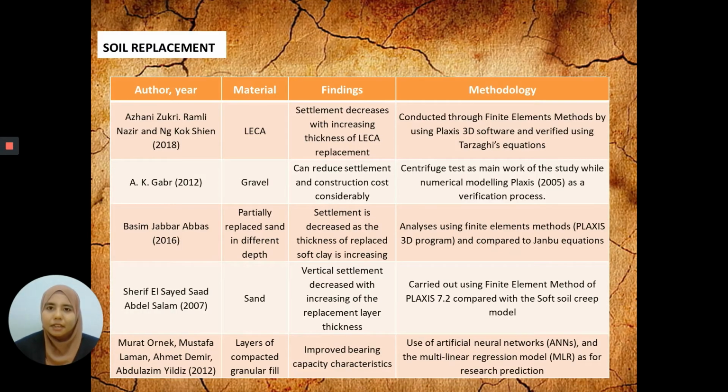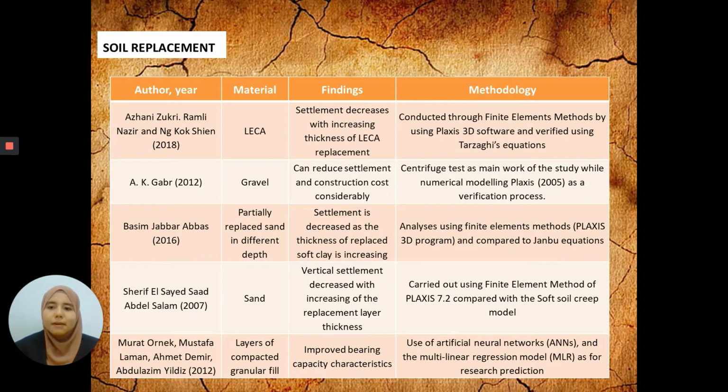Okay, this is the summary of the literature review that I have referred to in order to conduct this study. There are more than 5 literature reviews. However, in this slide, I show only the 5 that are most significant to my study. The first is the study made by Azhani Zukri, Ramli Nazir and Ng Kok Shien in 2018. Second is from A.K. Gabriel, 2012.